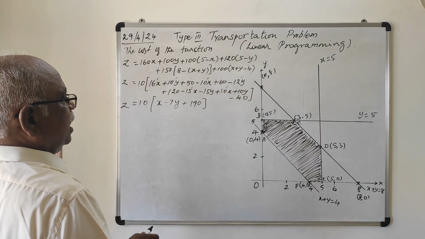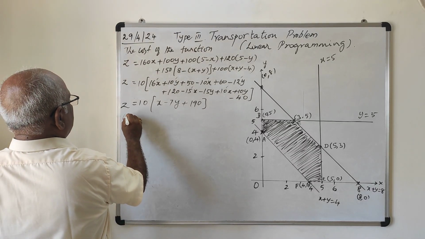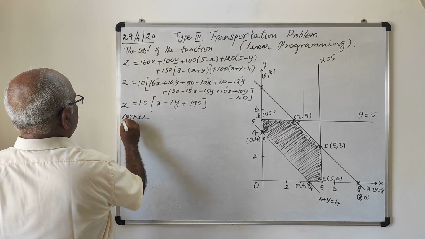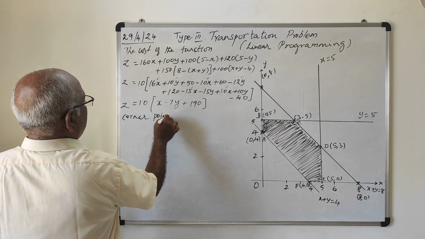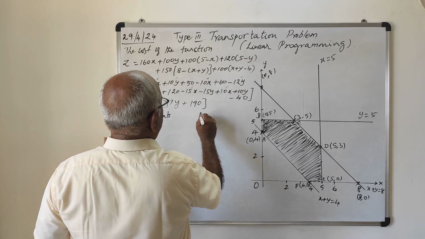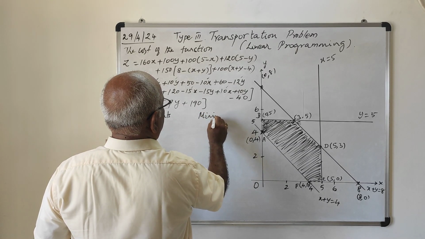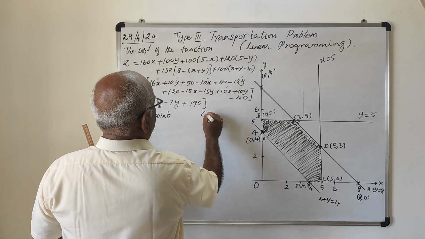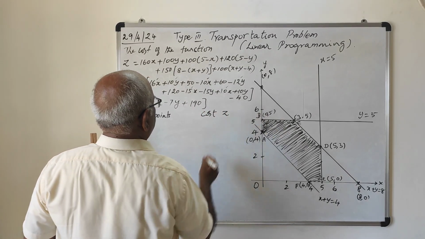So corner points and cost. The cost function is what we need.